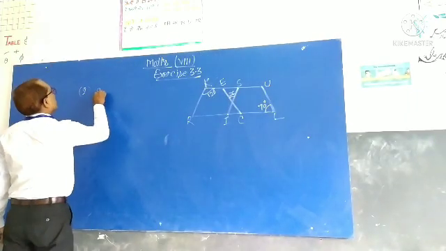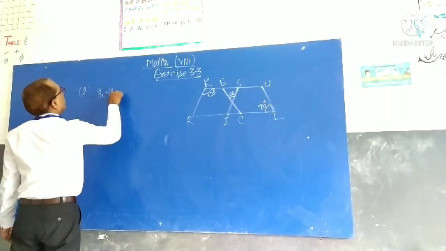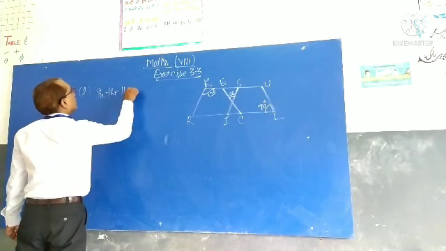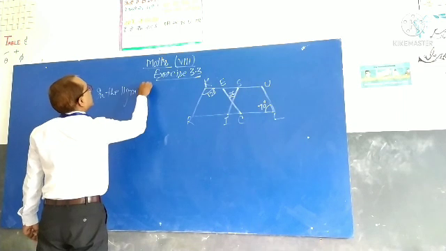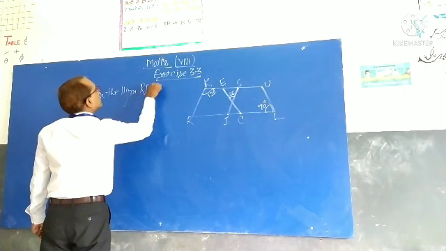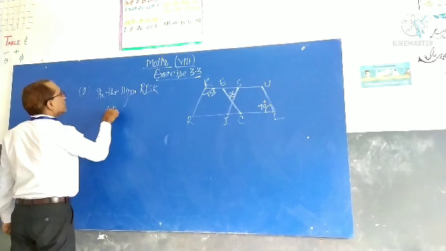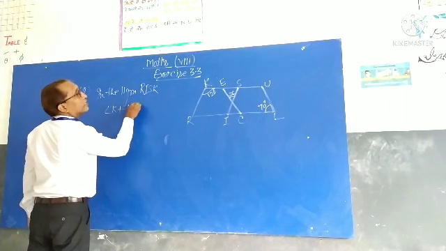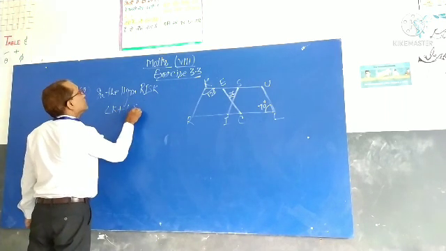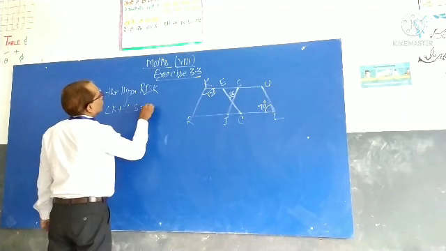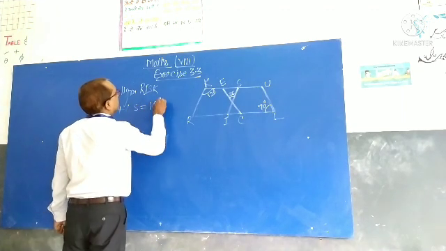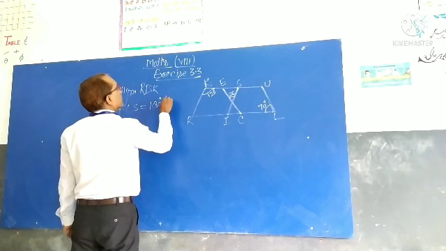In the parallelogram RISK, angle K plus angle S is equal to 180 degree.